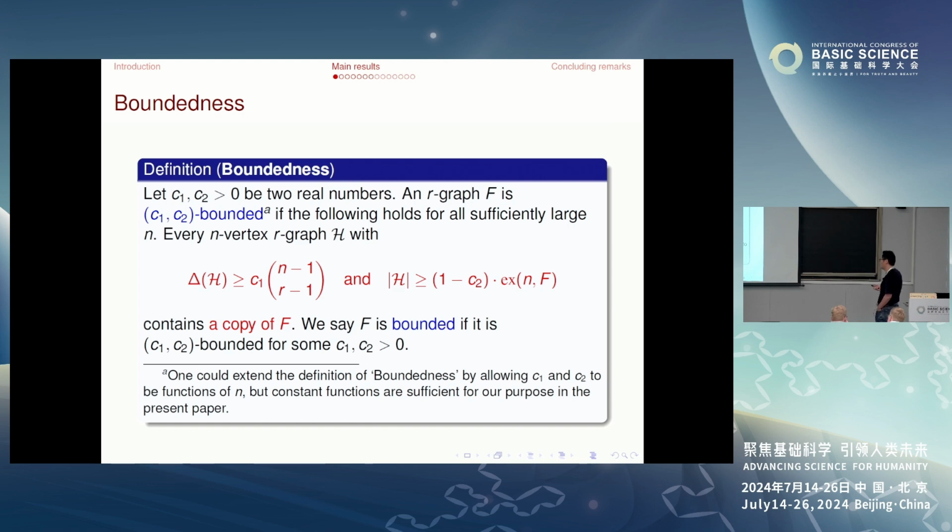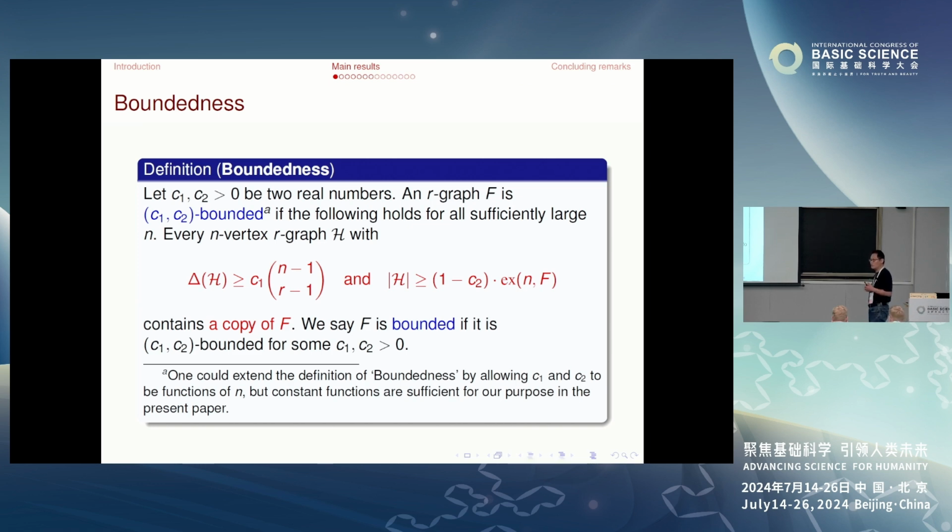And we say F is bounded if it's (C1, C2)-bounded for some C1, C2. Okay, what does this mean? This means that if an r-graph H is F-free, doesn't contain F as a subgraph, and it has a vertex of large degree, I mean at least this one, then we can show that the number of edges is not this one.